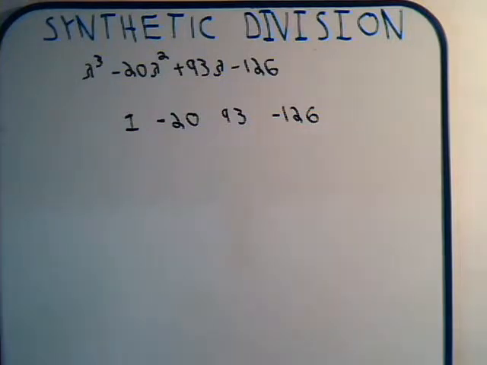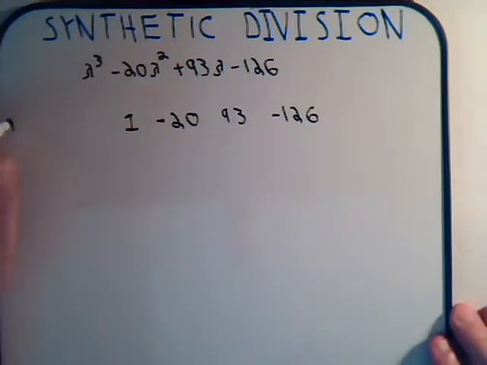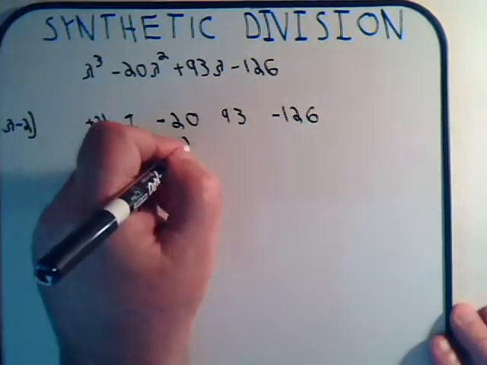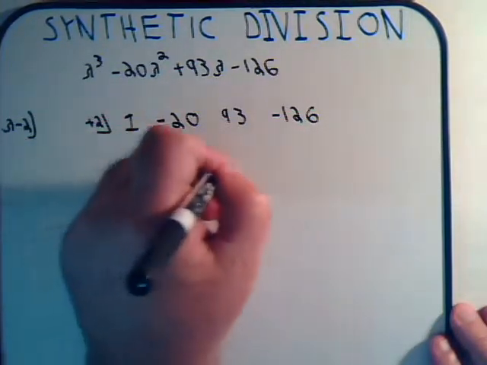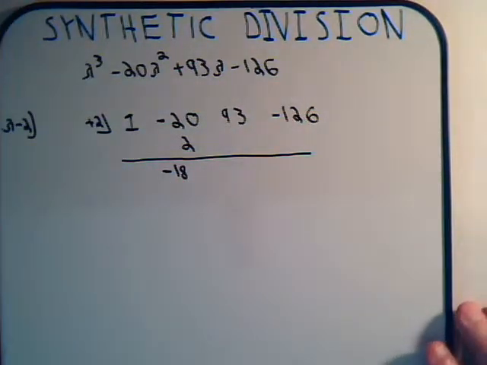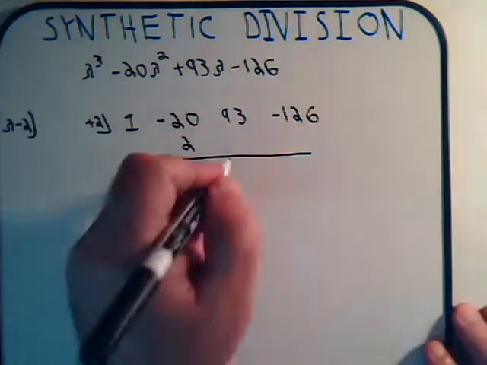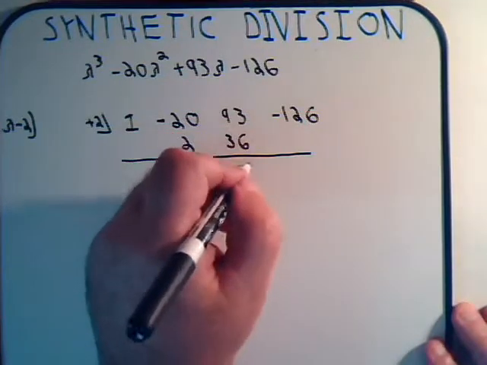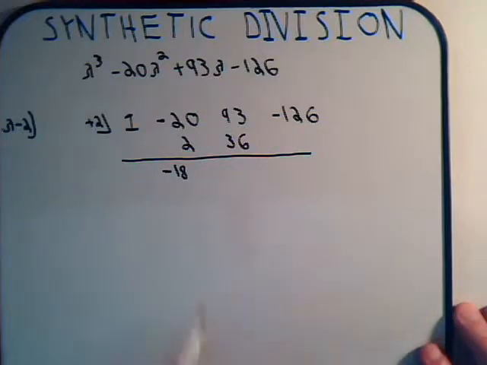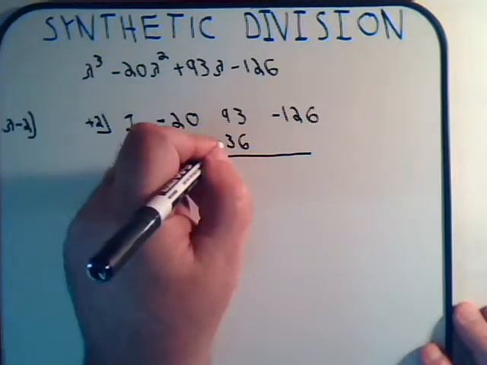Say, let's try lambda minus 2. So again, we write plus 2 here, and we write it here, add and multiply. This will be minus 18 times 2, this is minus 36.